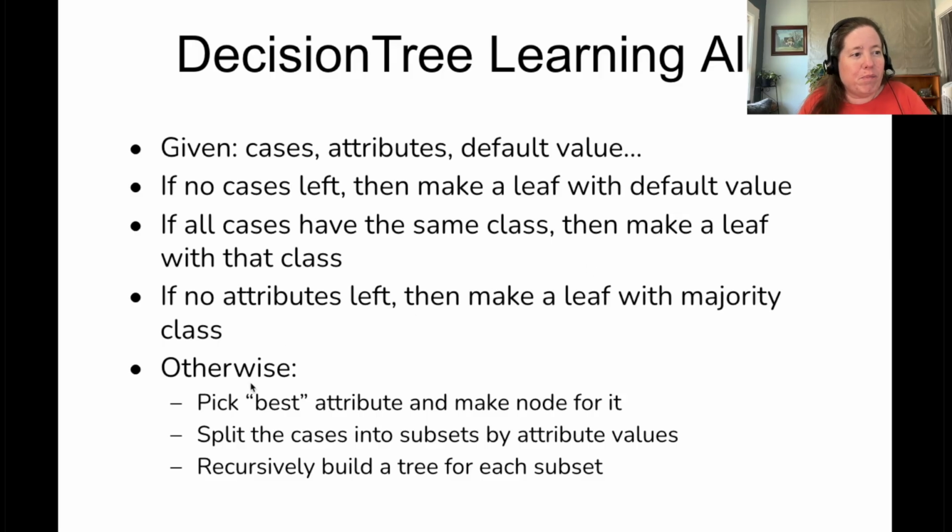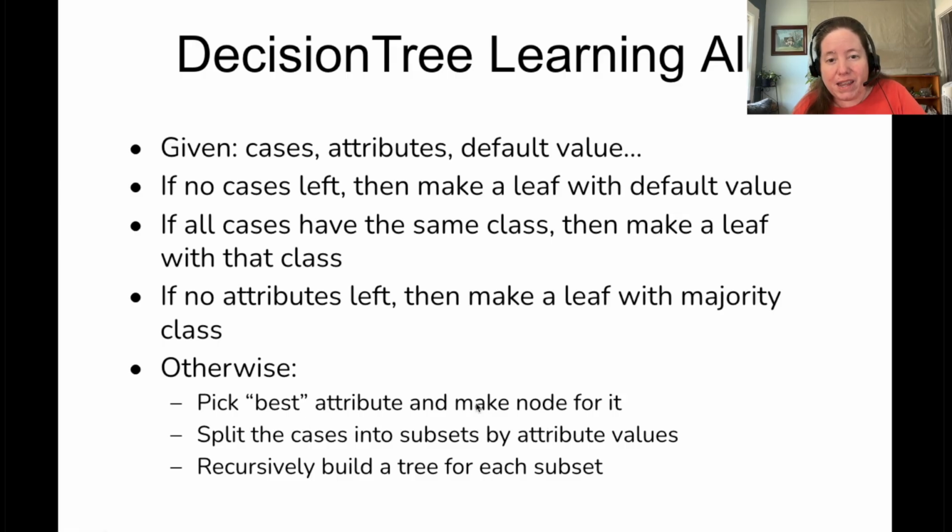What I have down here at the bottom are basically the high-level steps of what we do if these cases don't pertain. So if we have lots of cases, they don't agree in value, and we still have attributes we haven't asked about, then we're going to do that recursive process, picking a node and then branching into different subtrees and recursively solving the subtrees. And that's really what these three steps are.